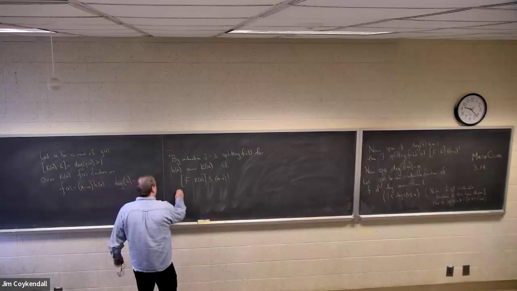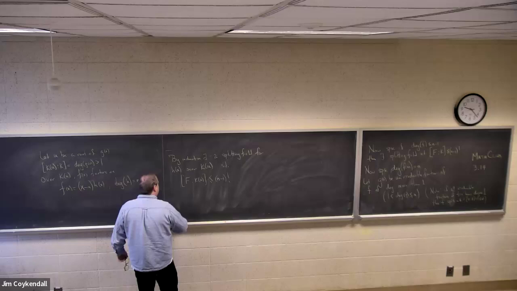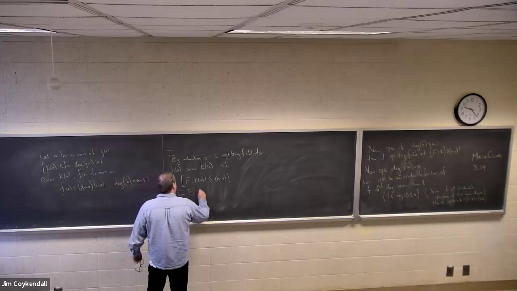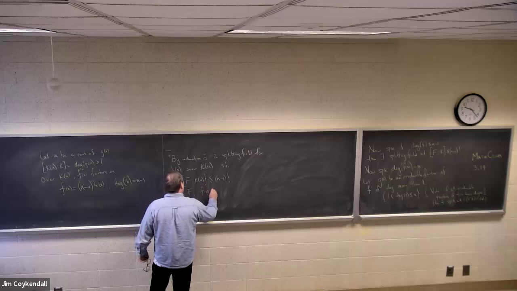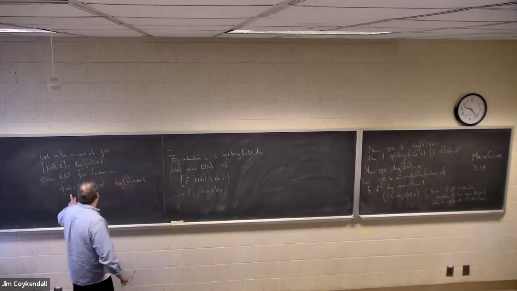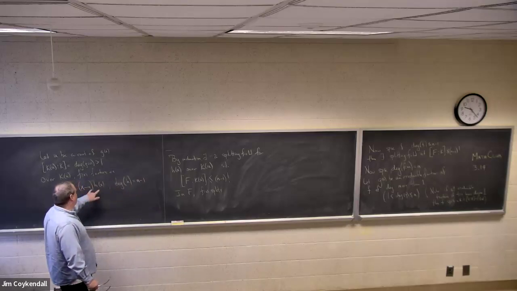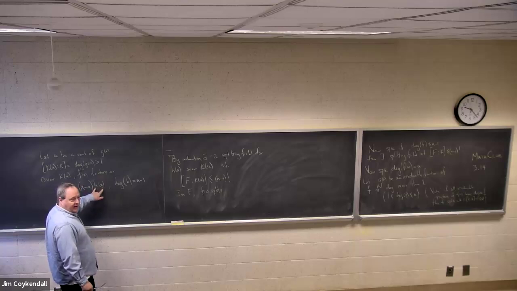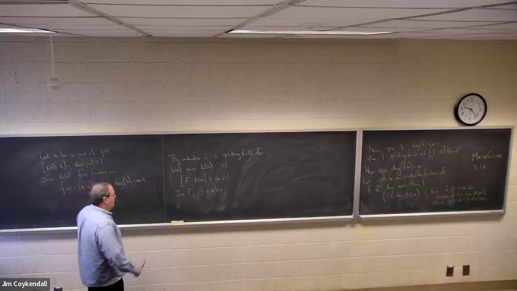So notice f(x) splits, because f(x) is just this linear polynomial times this thing of degree n minus one. In the splitting field F, this thing splits into linear factors, and this other piece is already linear.